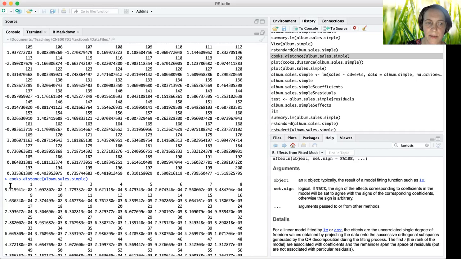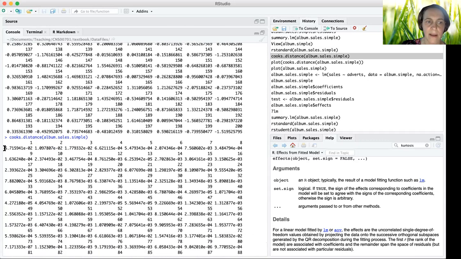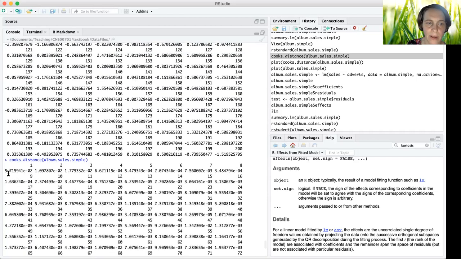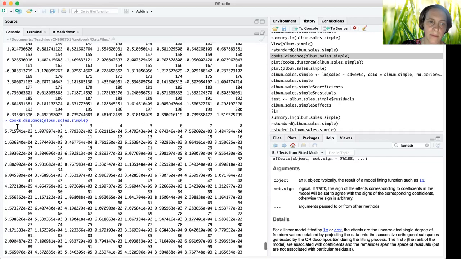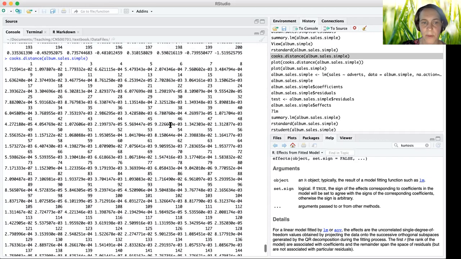That means how unusual it is in terms of its Y value, and only if both are large will the case be influential. For Cook's distance, the criterion is that you calculate the mean across all distances, and if a given case has a distance that is more than 4 times the mean, it's probably worth inspecting more closely.